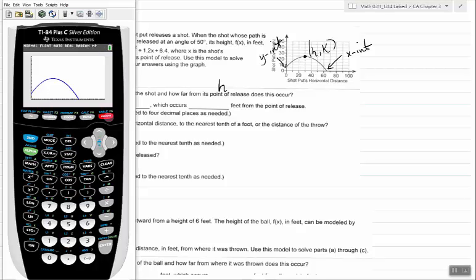The first question says, what is the maximum height and how far from the original point? So the maximum height is here. How far from here? That is also part of the vertex. So I'm going to do second trace, which is calc. Number 4 is maximum. I need to be on the left side first. You have to do a left bound first. Enter. Now go through that max.